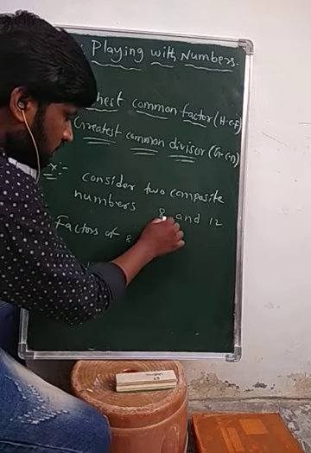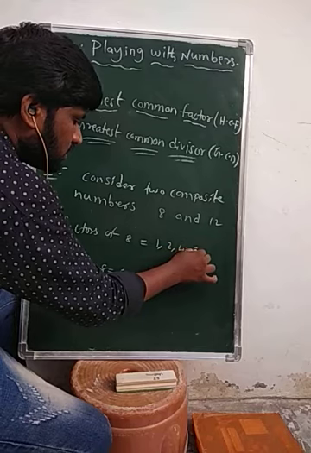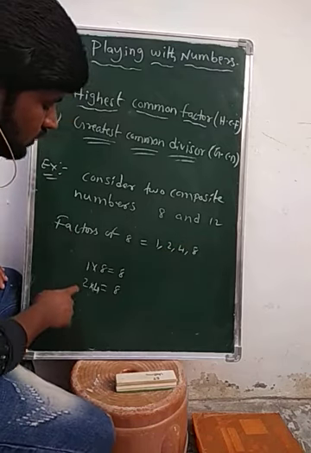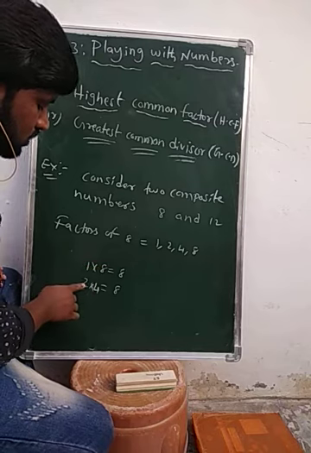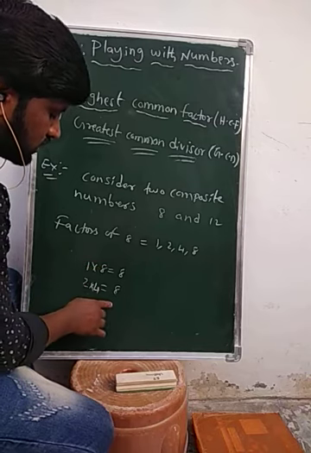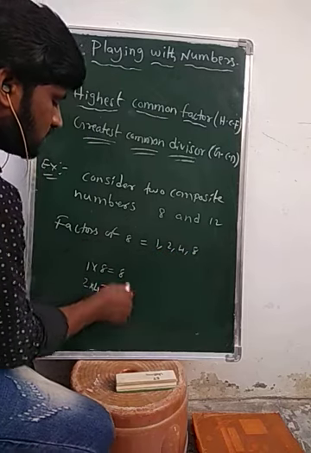So we can write the factors of 8 are 1, 2, 4, 8. Is it clear? So 1, 2, 4, 8 are the factors of 8.